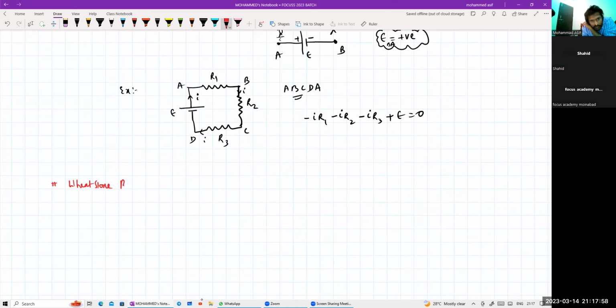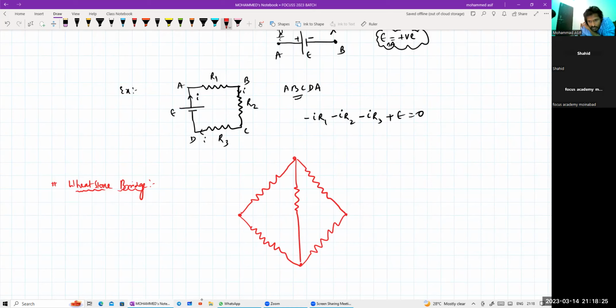Wheatstone bridge. It is a combination of 5 resistors बेटा, ऐसा कुछ। तो इन दोनों के बीच में एक रेसिस्टेंस है और इन दोनों के बीच में एक रेसिस्टेंस है और इन दोनों के बीच में एक रेसिस्टेंस है और इन दोनों के बीच में एक रेसिस्टेंस है और बीच में there is one resistance.